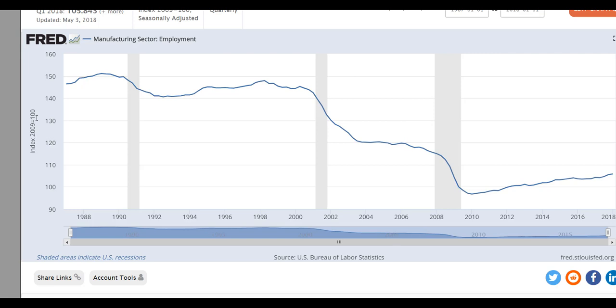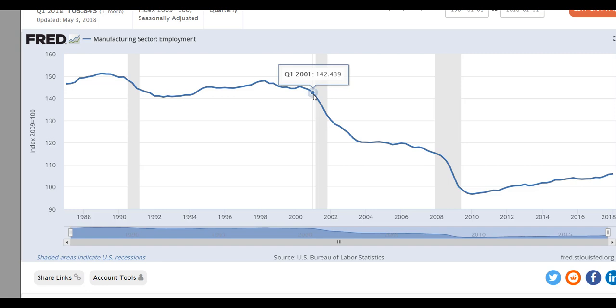So assuming that 2009 was 100, in 88 we were employing about 50% more people than in 2009. And compared to 2009, nowadays we are employing about 6% more people. Nonetheless, this number is quite low compared to what it used to be prior to 2001.